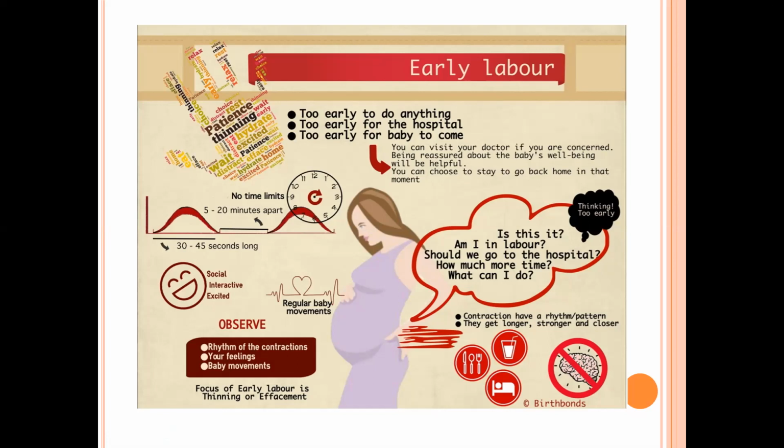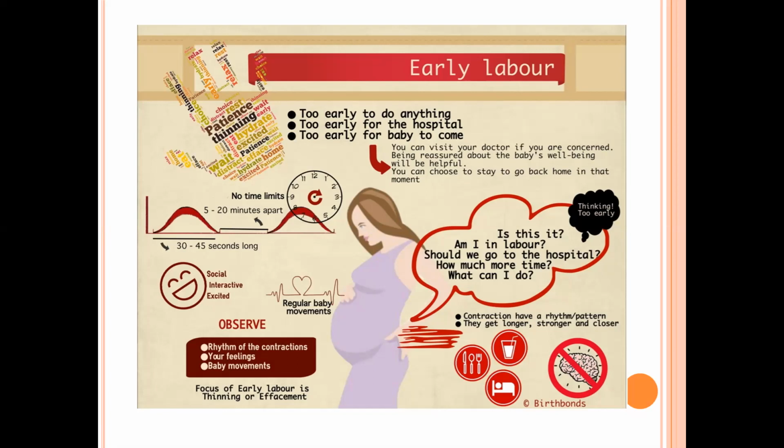Progress can be measured as placement, as dilation, as where the baby's head is at, and the rotation. And for those people whose membranes have released, we also still wait for these contractions to happen.